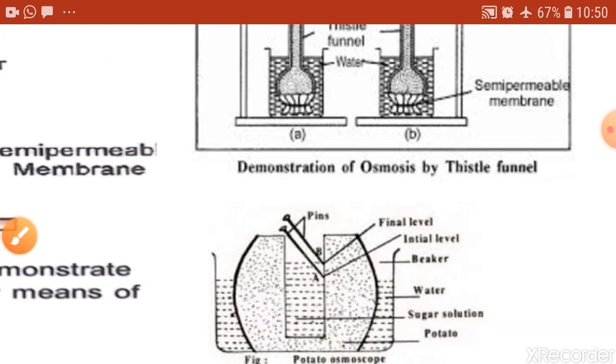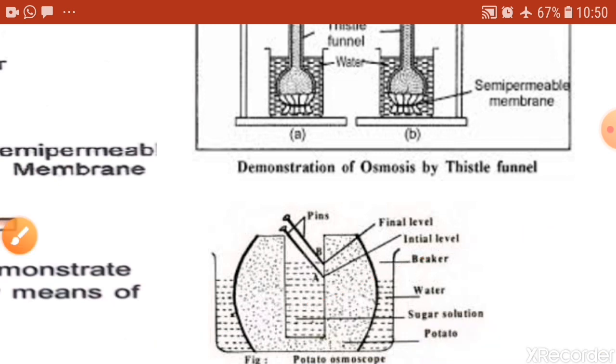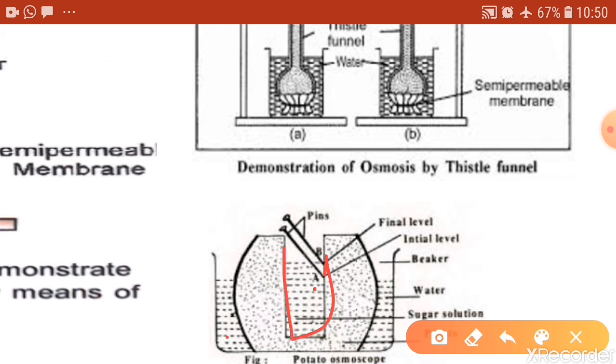If you had put water in the cavity and there was also water outside, then you will not find any change in the water level. Water will not move, because the free water molecules per equal volume will be the same, so you won't find any change.